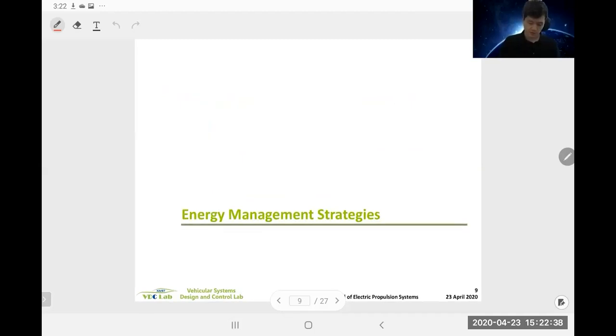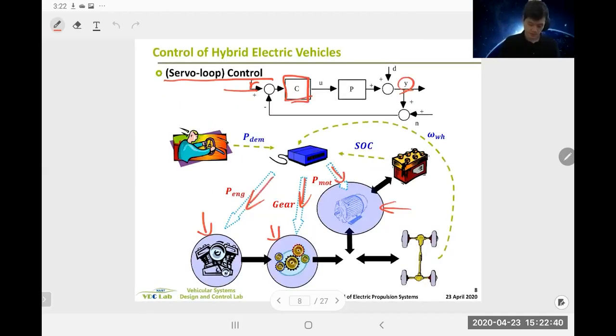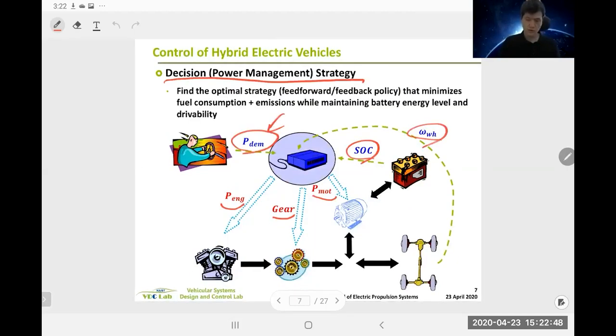So back to this figure. We're going to talk about this soon, but there are three things. We have to meet power demand. We want to maximize fuel economy.